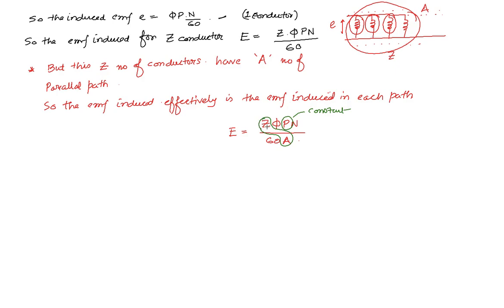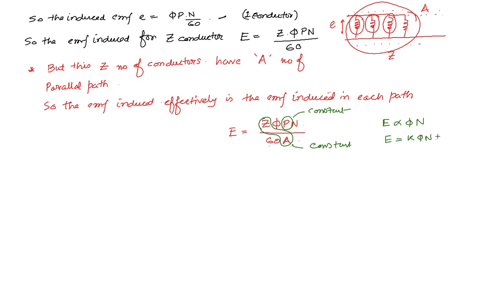That is also in our hand, so Z by A is also a constant. So E is proportional to phi into N, since 60, Z by A and P are constants, or you can say E is equal to K phi N.